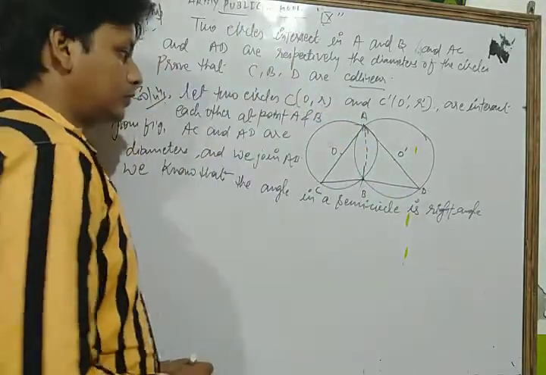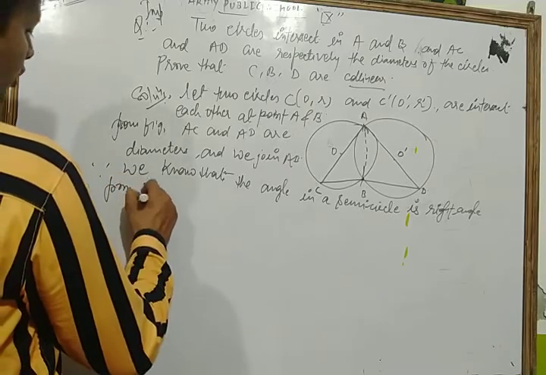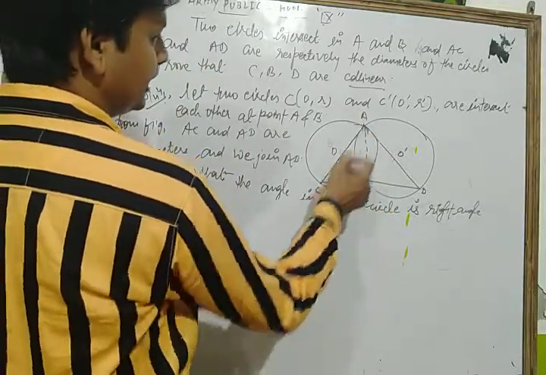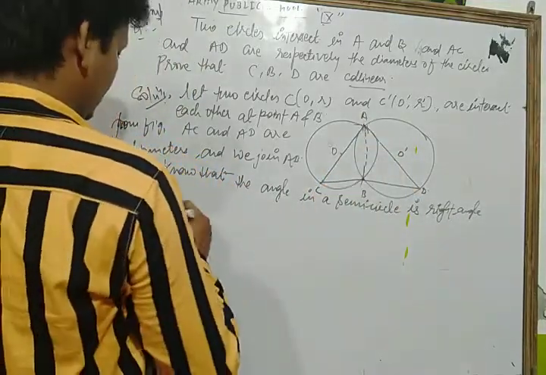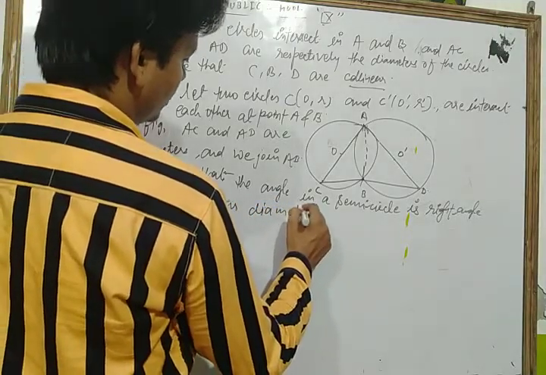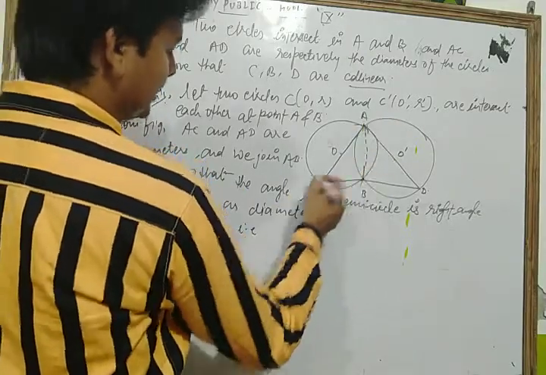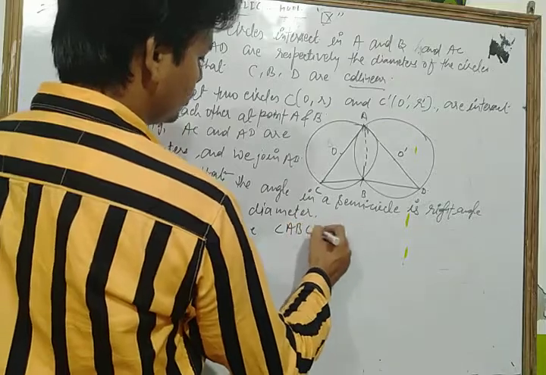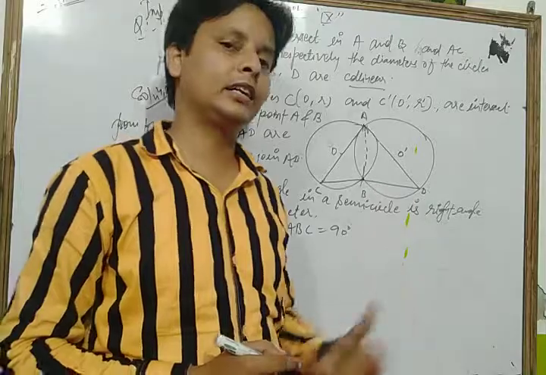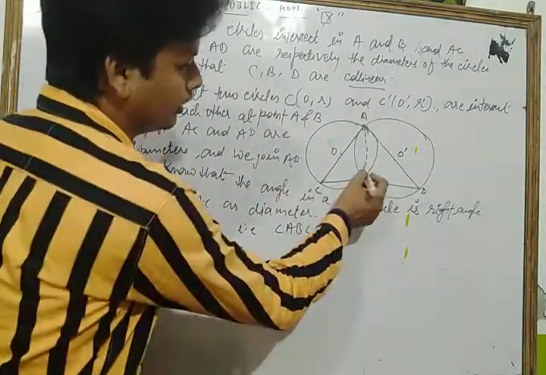So from the figure, AC is the diameter, that is angle ABC. Angle ABC is equal to 90 degrees, because we know that the angle in a semicircle is a right angle, and here AC is the diameter, so angle ABC is 90 degrees.